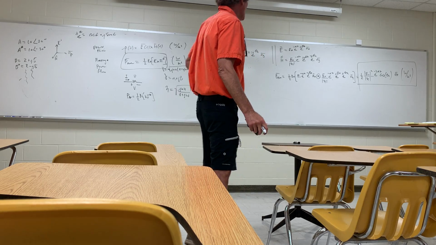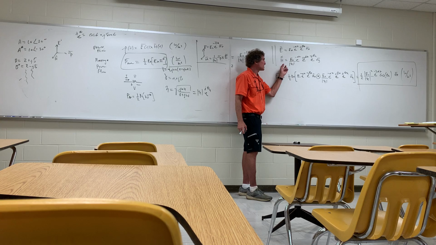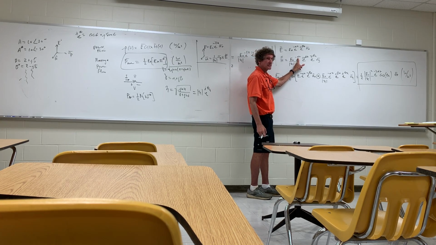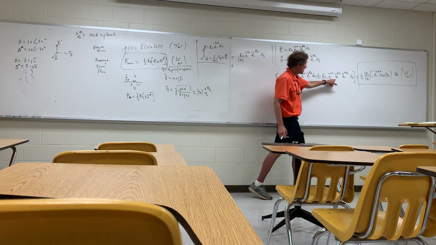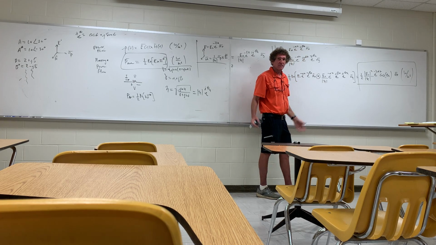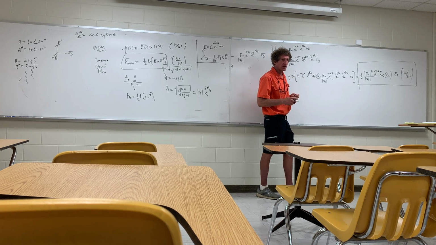When we conjugate, remember it's E cross H conjugate. When you conjugate it, that stays the same, that's strictly real. This becomes positive j beta, and this becomes positive. So positive, positive. And then when you multiply them, he gets rid of the e to the j beta term completely.